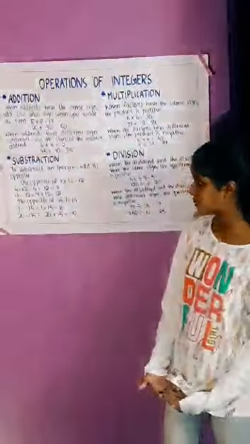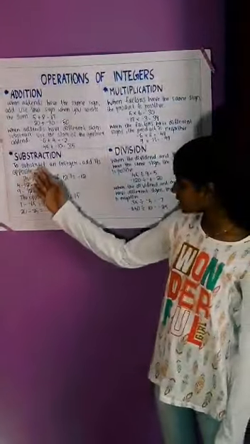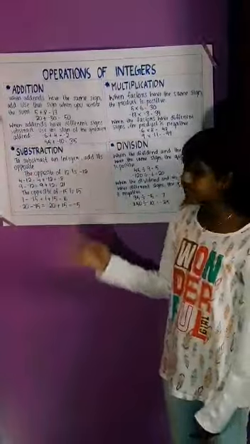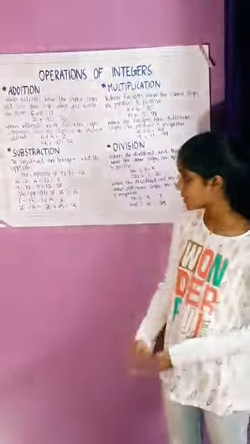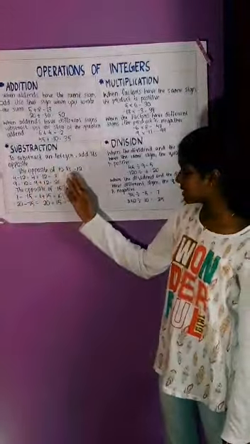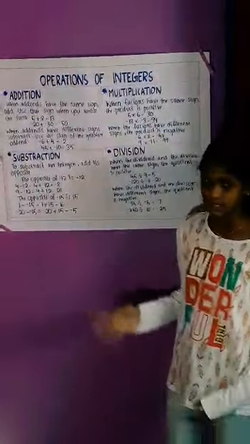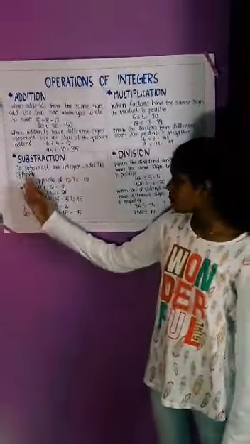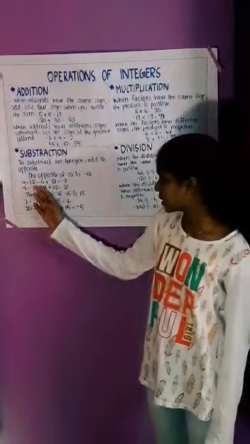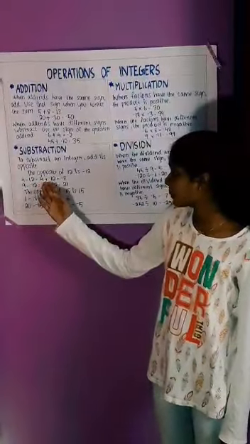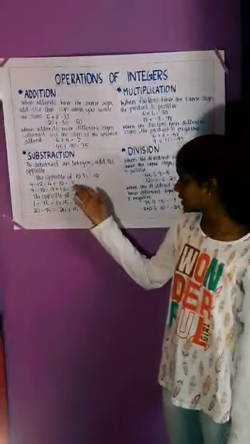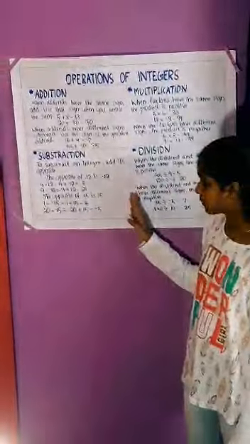In the case of subtraction, to subtract an integer, add its opposite. For example, the opposite of 12 is -12. Let me give you some examples. +4 minus 12 is equal to 4 plus -12 is equal to -8.